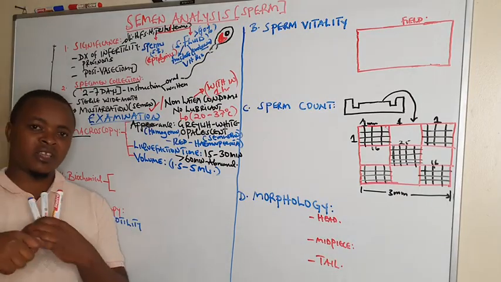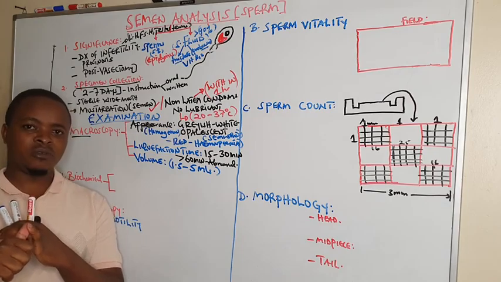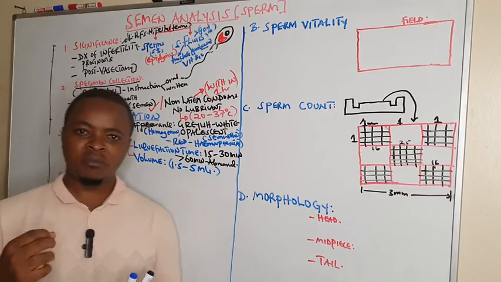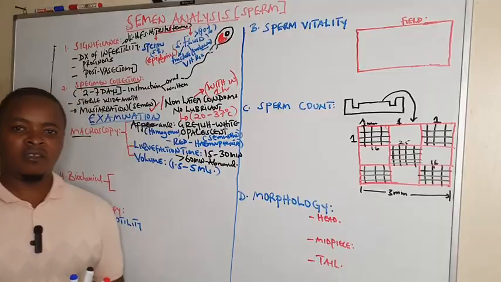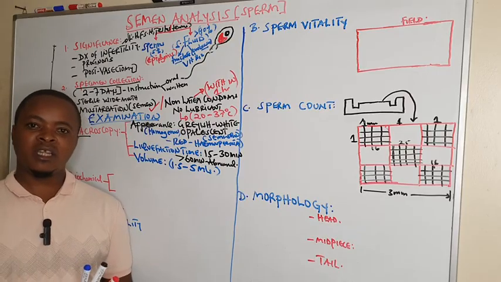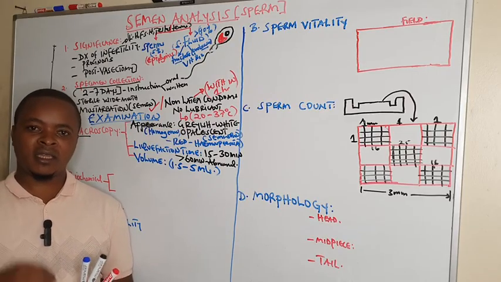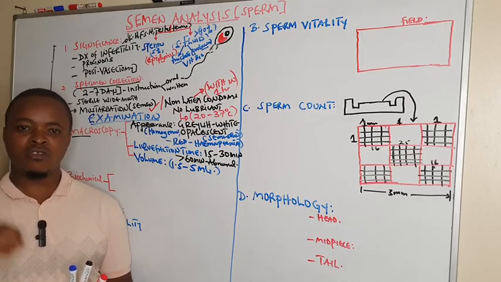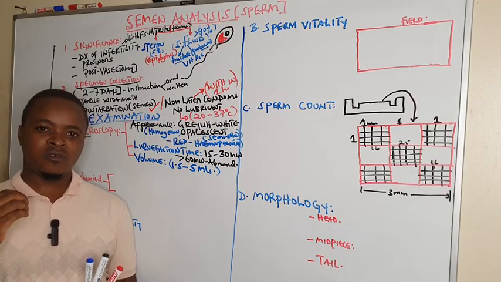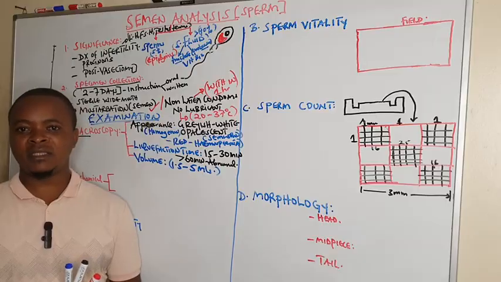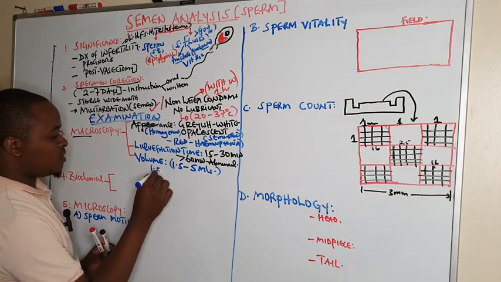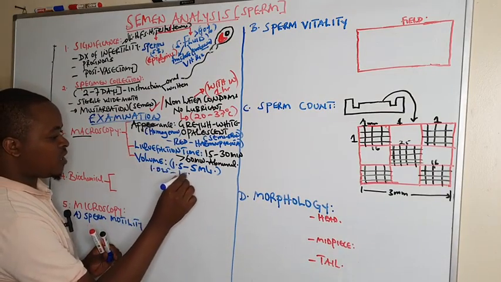So apart from measuring using a calibrated cylinder or tube, you can also use a weighing scale, whereby before you give this empty container to the patient, you first weigh it on a weighing scale, you record the grams, then when they bring it with the semen, you weigh again in grams. Then you use the formula whereby volume is equal to mass divided by density, whereby density of semen is always between 1.025 to 1.125.